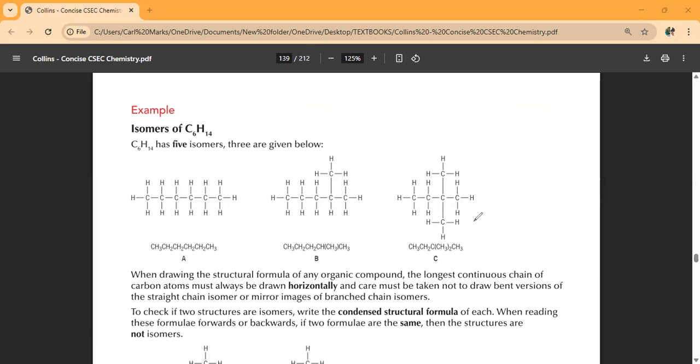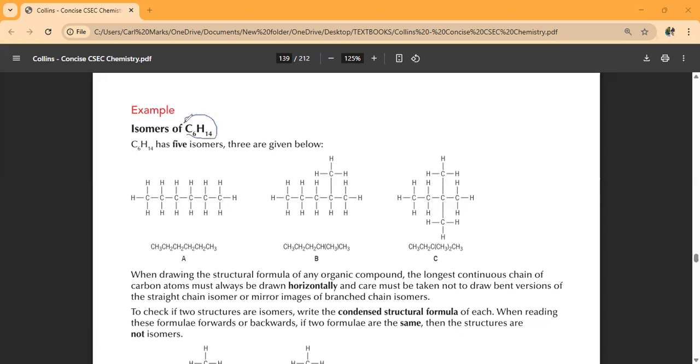Good. Look at the third one now. How many carbons and how many hydrogens? 6 carbons and 14 hydrogens. Good. So that means all 3 of these have the same molecular formula.